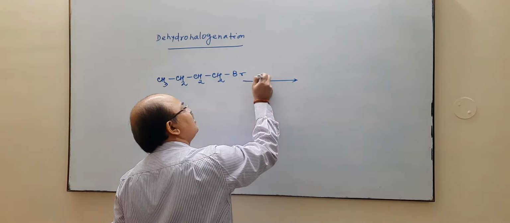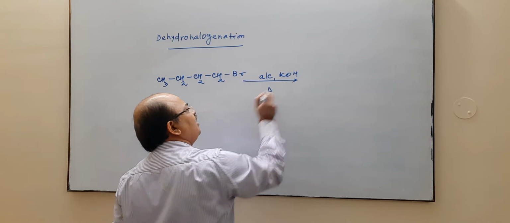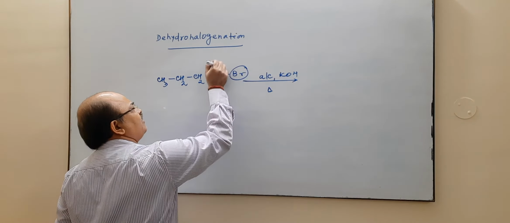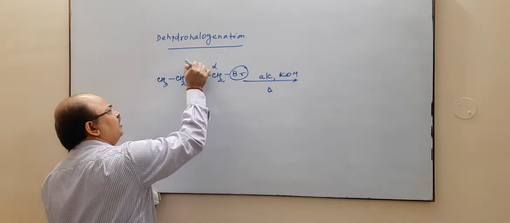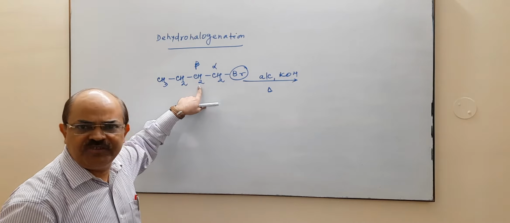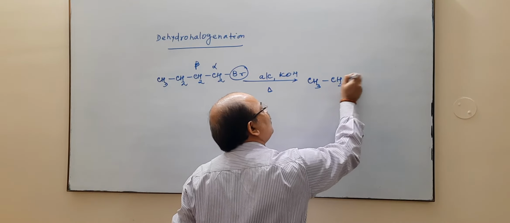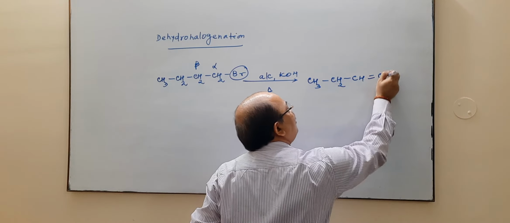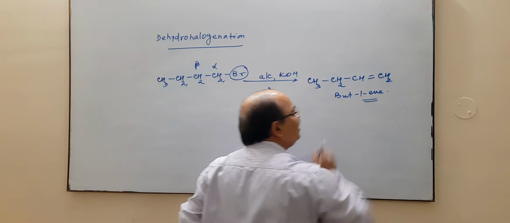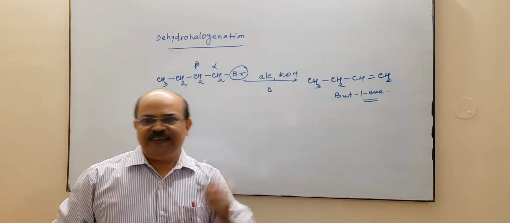If we heat with alcoholic potash, that is KOH, this carbon is alpha, this carbon is beta. So hydrogen is removed from the beta carbon. Then the product is CH3CH2CH=CH2, that is but-1-ene. So the product will be but-1-ene.